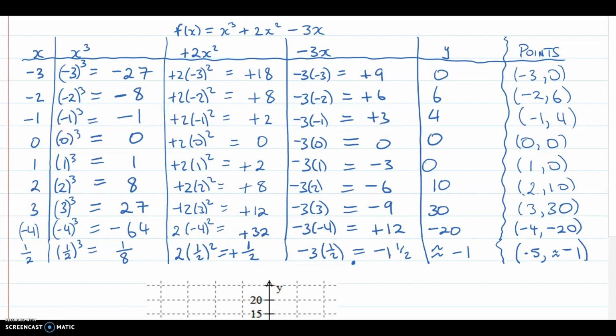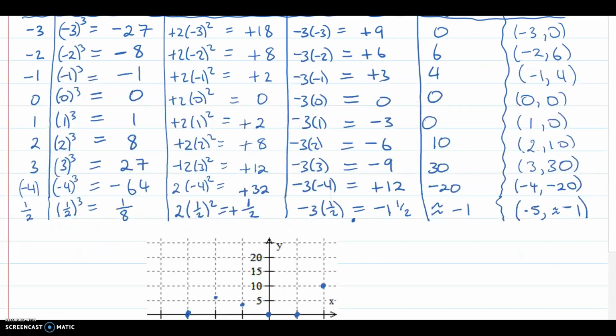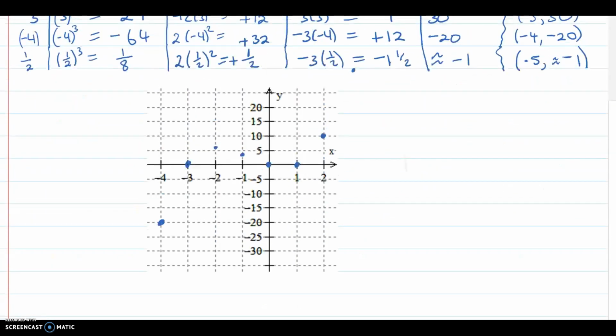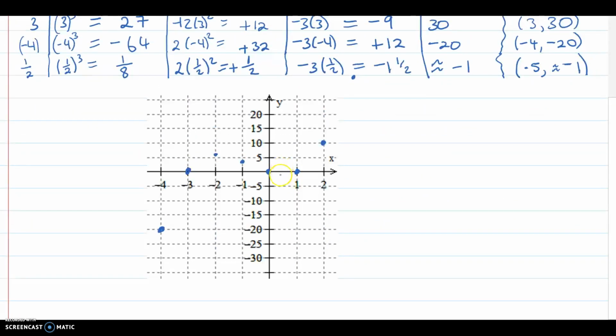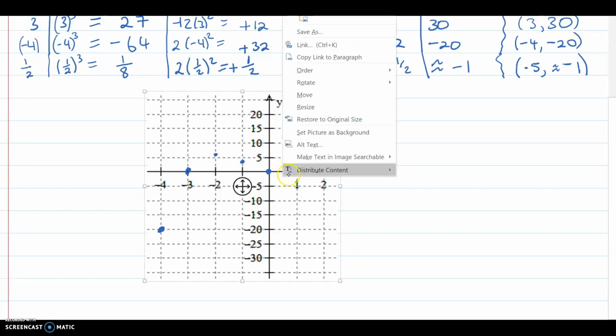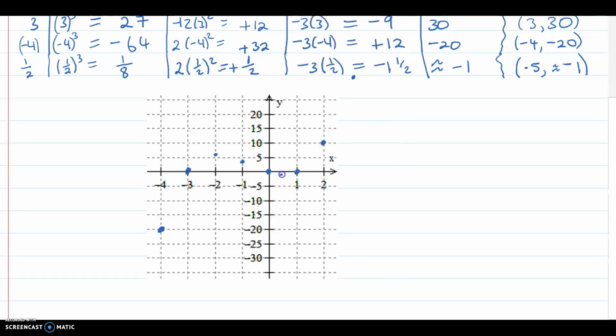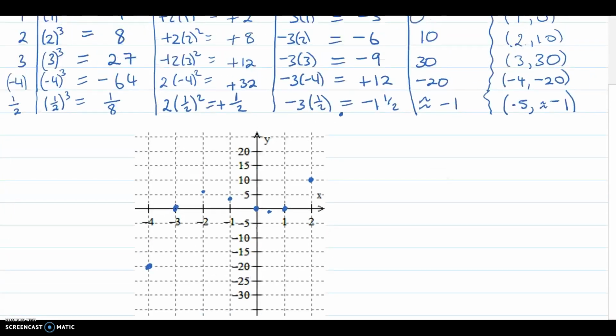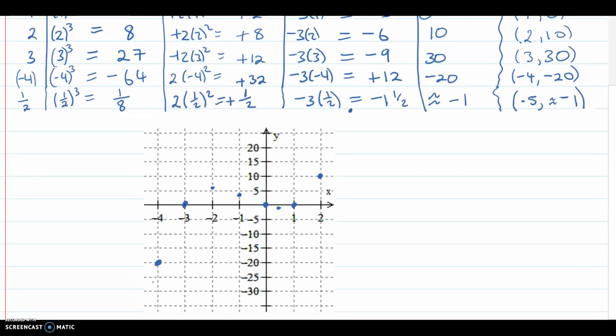Not a very scientific way, but it's going to be enough to help us here. So go over to 0.5 and come down to negative 1, which, because of the scale here, is just going to be under the x-axis. The best we can do with that is estimate it. Then if we draw that graph, it's going to be something along these lines.